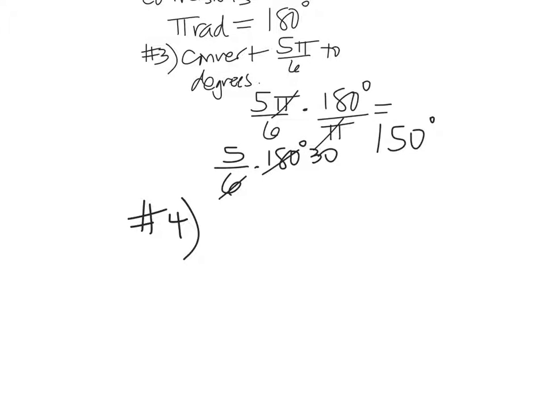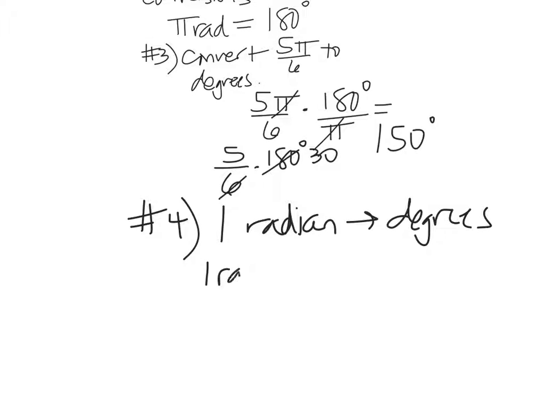Okay, number 4. Do you know how many degrees 1 radian is? Not pi radians, but 1 radian. Let's take 1 radian, convert to degrees. Pi is 3.14 radians, right? So 1 radian times 180 degrees over pi radians.